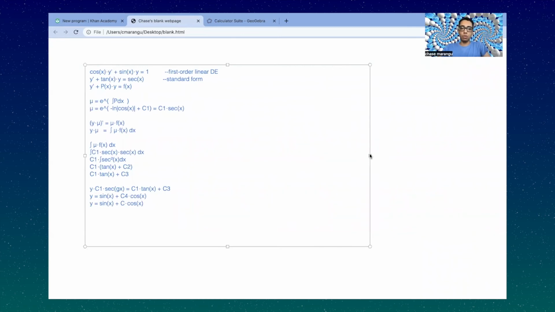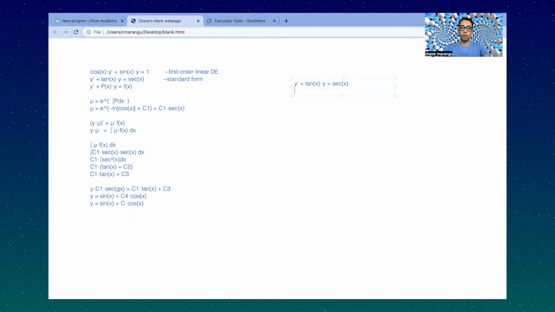Now, it also could be interesting to plot this differential equation numerically. So if we rewrite, the standard form is y prime plus tangent of x times y equals secant of x.